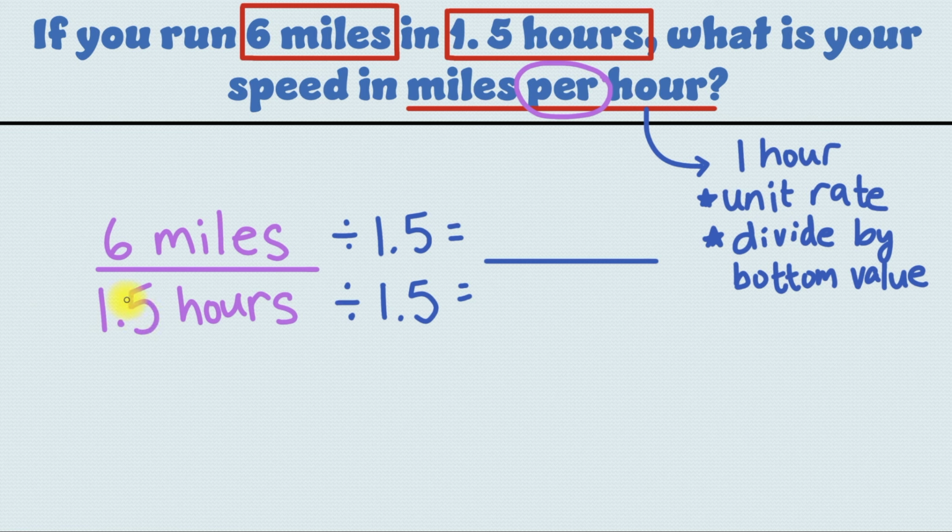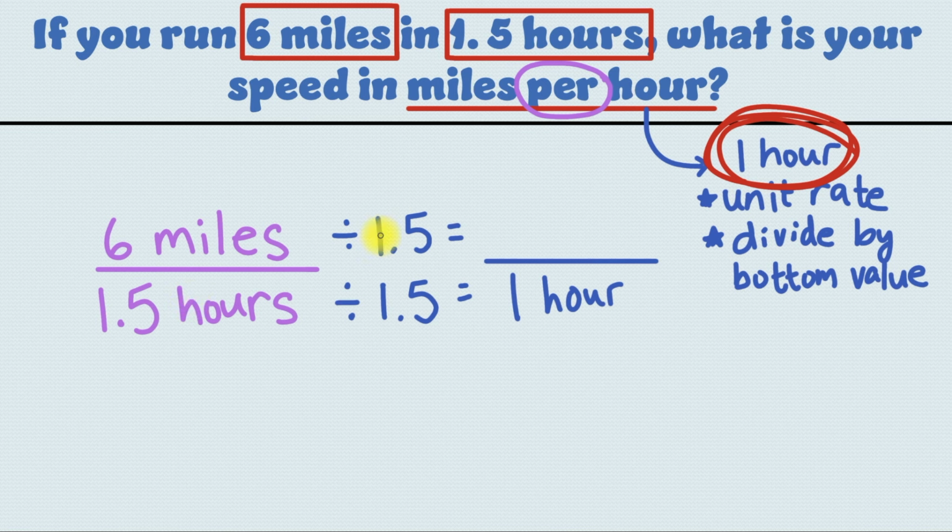And what's 1.5 divided by 1.5? Well, that's 1. And the unit of measure, in this case the number of hours, remains exactly the same. So now we've got 1 hour in the bottom of the rate, which is perfect because that's exactly what we're looking for. And now we just have to divide the top.